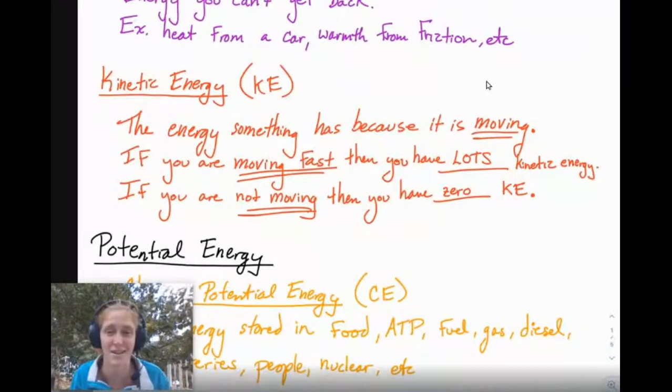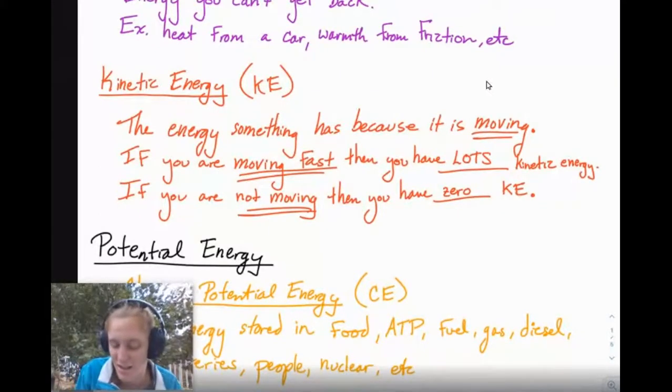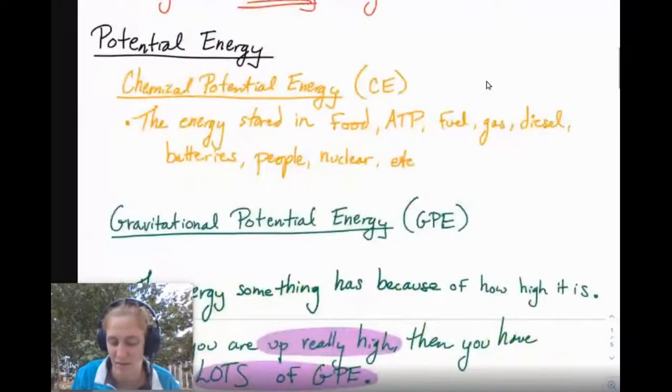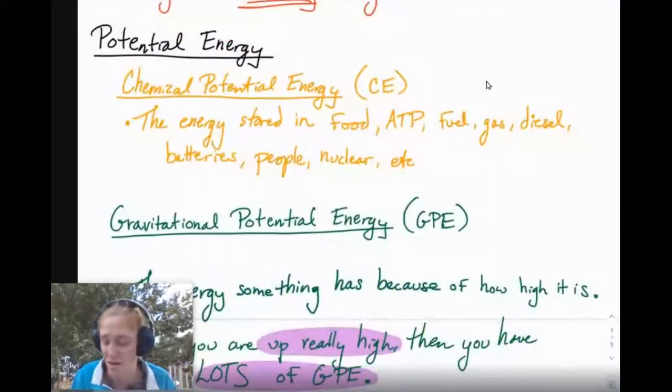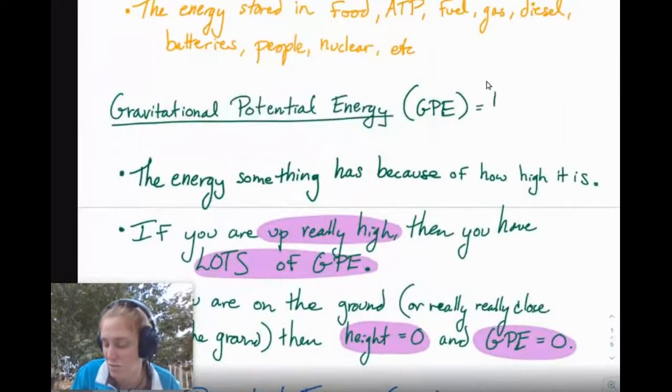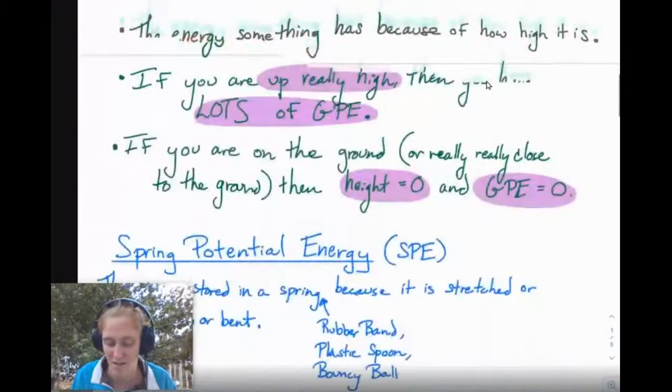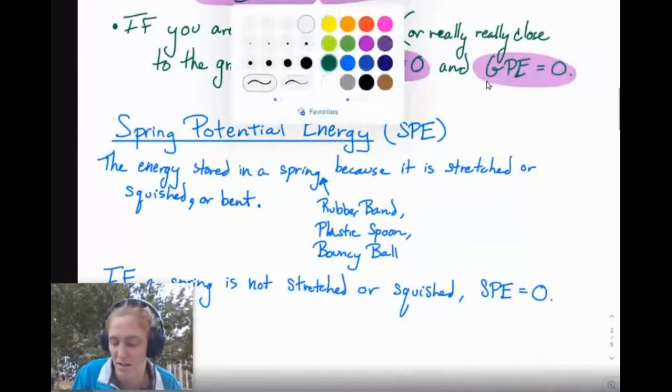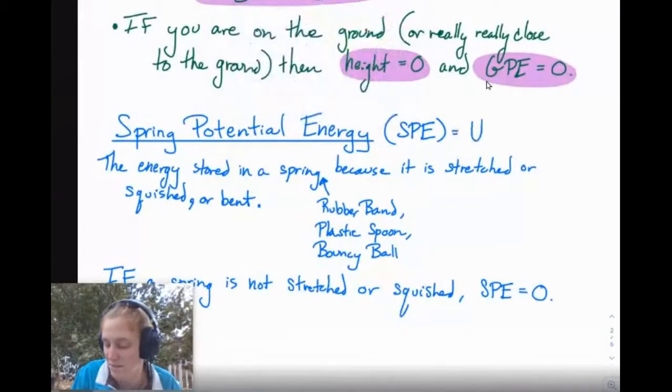Now, if you are in AP physics, then kinetic energy is going to just be K. Chemical potential energy we never talk about. Gravitational potential energy in AP physics is UG. And for spring potential energy, that is going to be US.